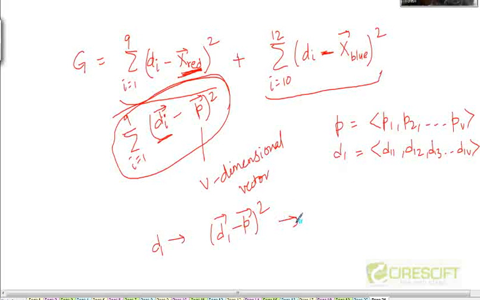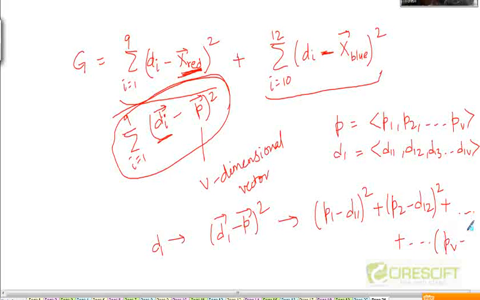So that would be P1 minus D11 squared plus P2 minus D12 squared plus so on up till PV minus D1V squared. Now D11, D12, D1V are constants known to you, whereas P is what you want to compute.